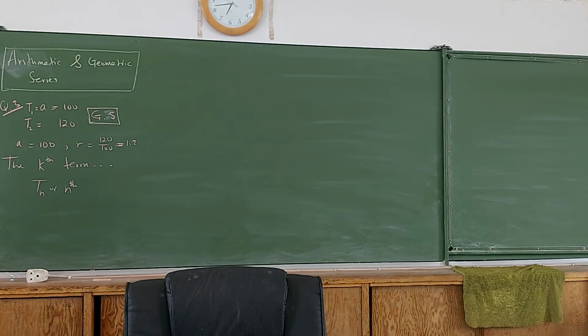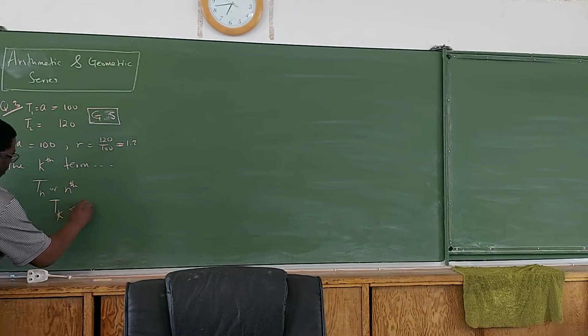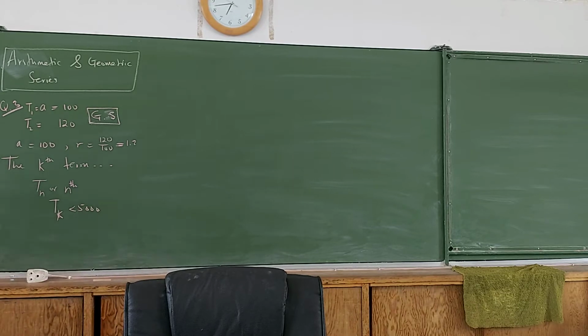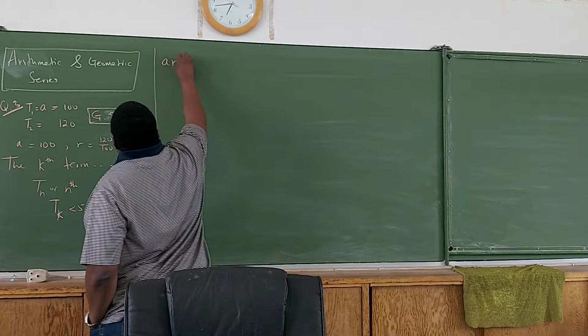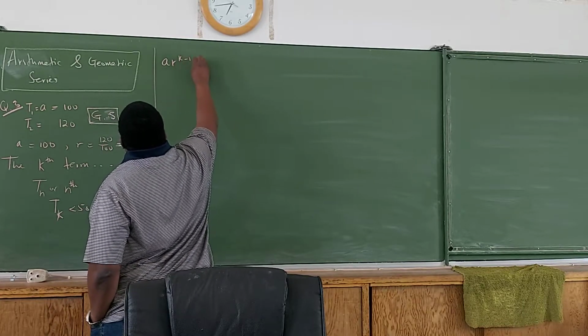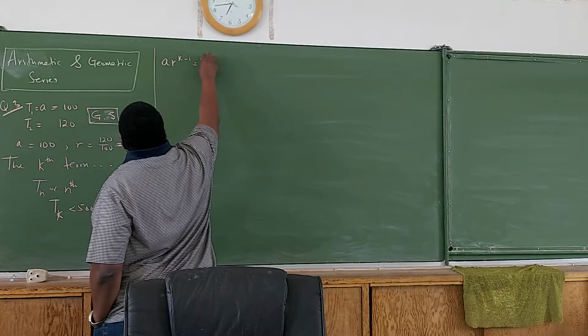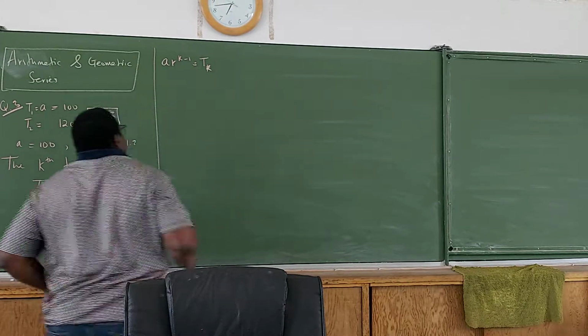They are saying that term is the largest term that is less than 5,000. We know our A, we know our R, so we can use our T sub k formula: A times R raised to the k minus 1. Give me T sub k.